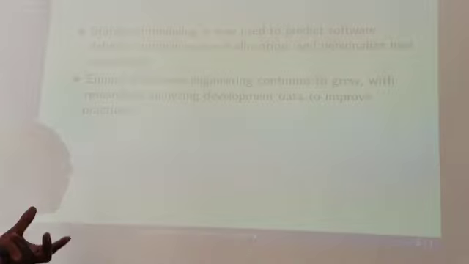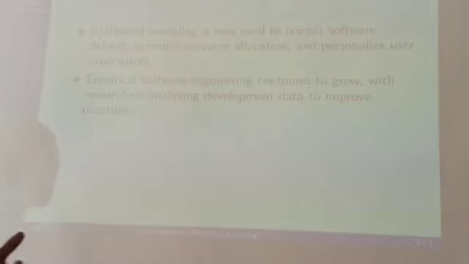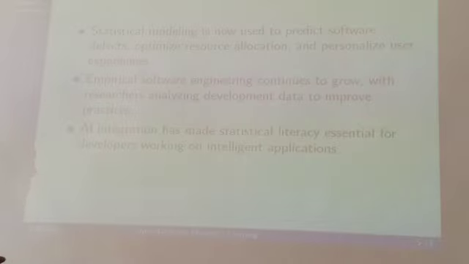Empirical software engineering continues to grow, with researchers analyzing development data to improve practices. AI integration has made statistical literacy essential for developers working on intelligent applications. This is what is happening currently in software development in particular.